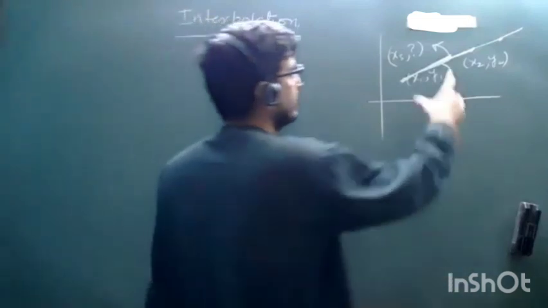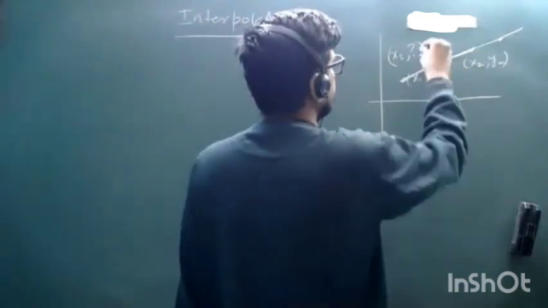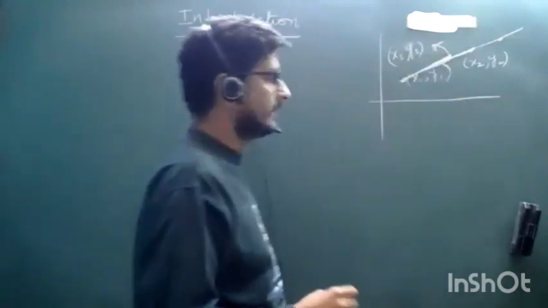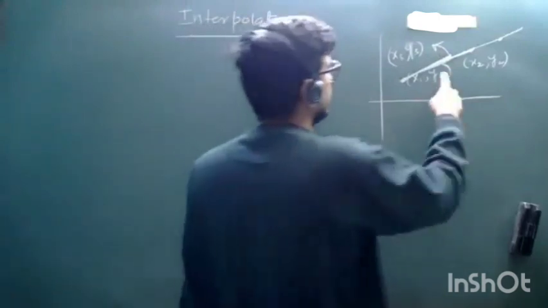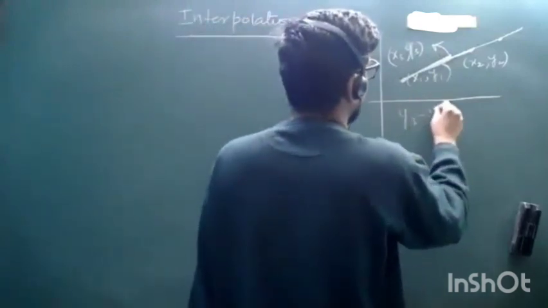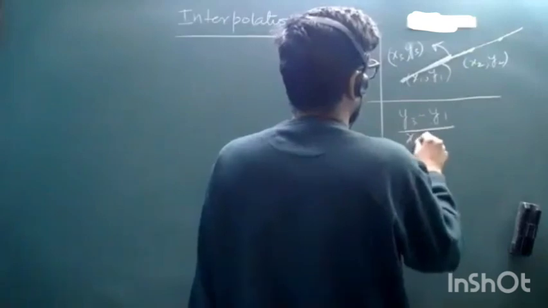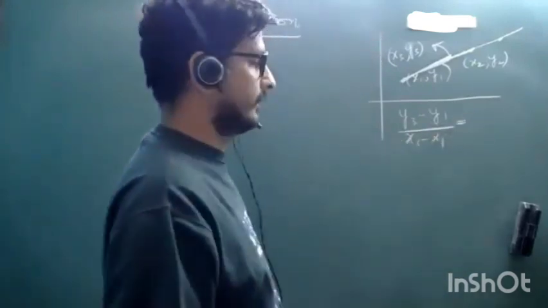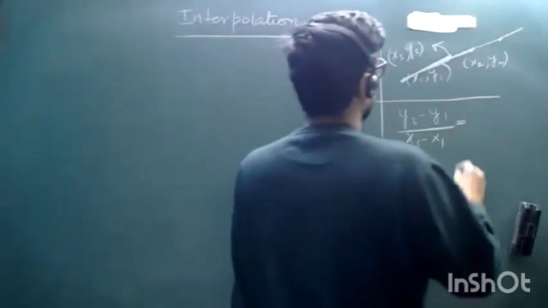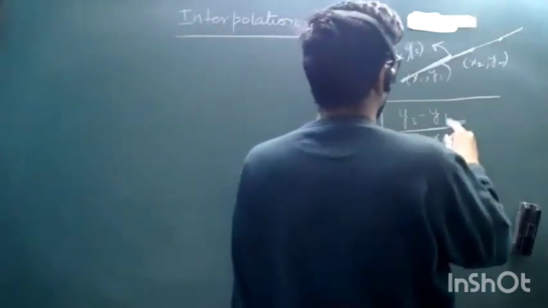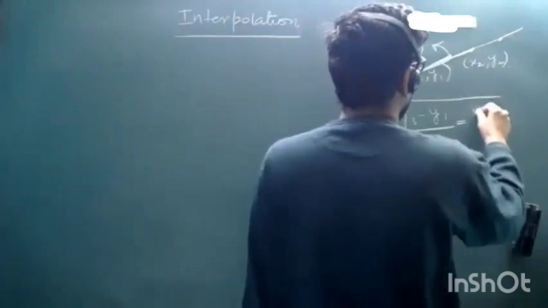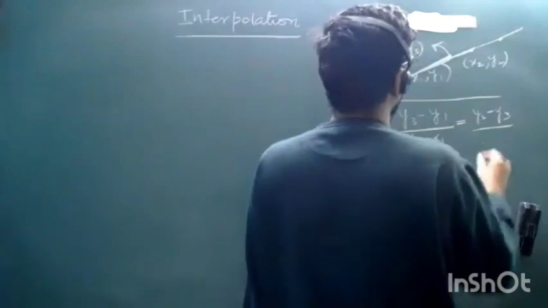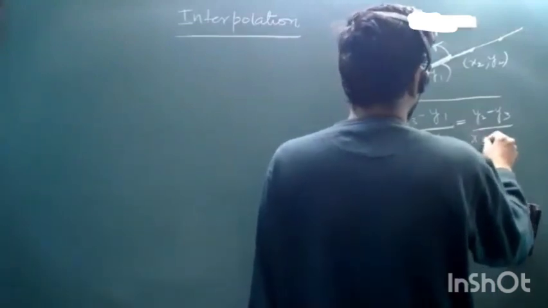Suppose y3 is unknown, so you will write the slope of this line as y3 minus y1 over x3 minus x1, and that will be equal to y2 minus y3 over x2 minus x3.